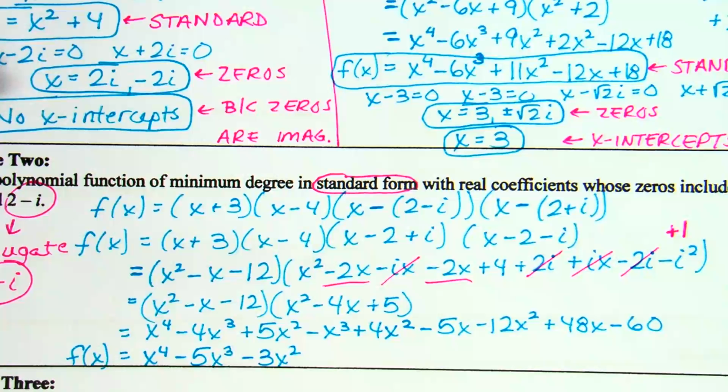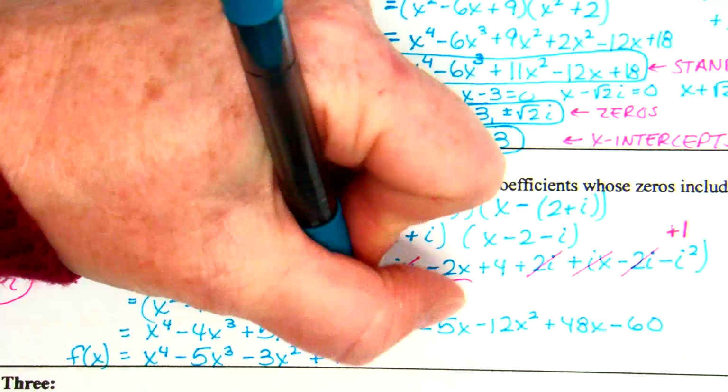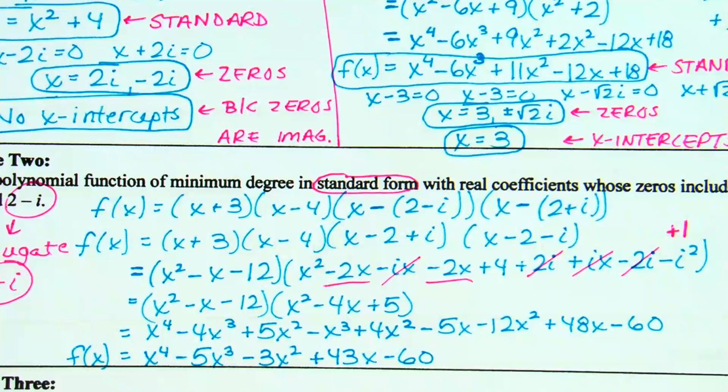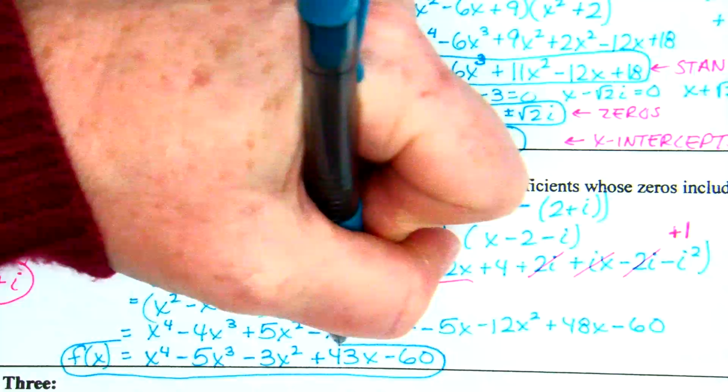Then I have a minus 5x plus 48x, plus 43x minus 60. And my answer agrees with what I already have worked out, so we should be good here.